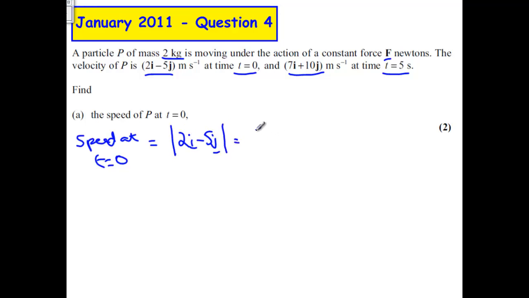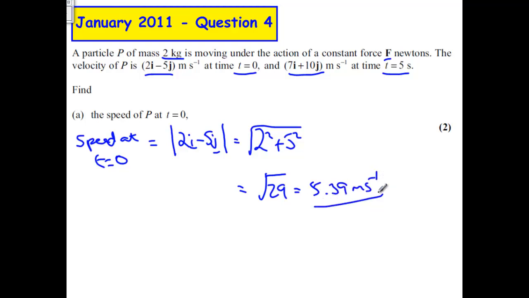And to find that, we do 2 squared plus 5 squared, and we square root it. If you were to leave it as a surd, it would be square root 29. Or if you were to work that out with your calculator and round it, it would be 5.39 meters per second. And that's the speed of the particle P at time t equals 0.